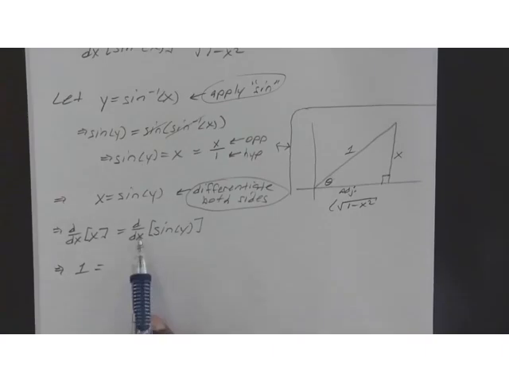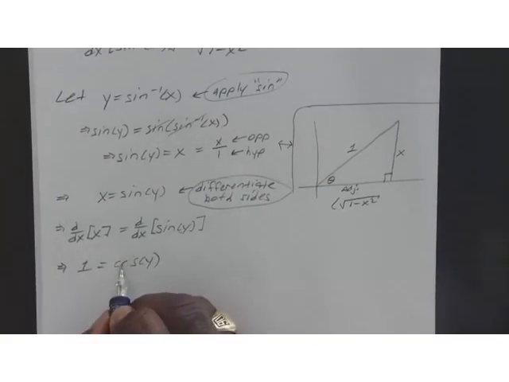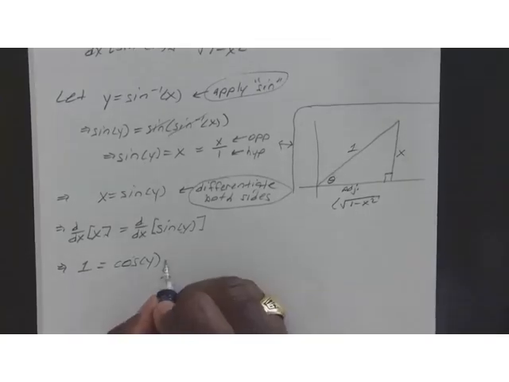Now with this one, you notice the two variables are different. So we want to differentiate sine of y with respect to x. We use the chain rule where the derivative of sine is cosine. So we have cosine of y times the derivative of what's inside.